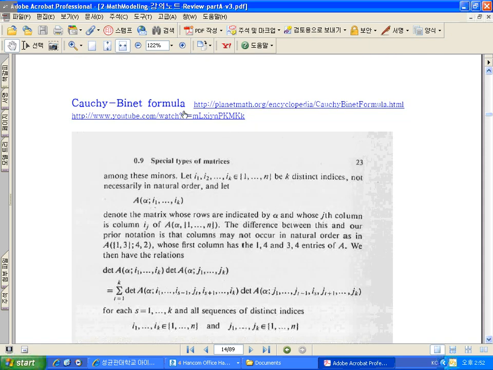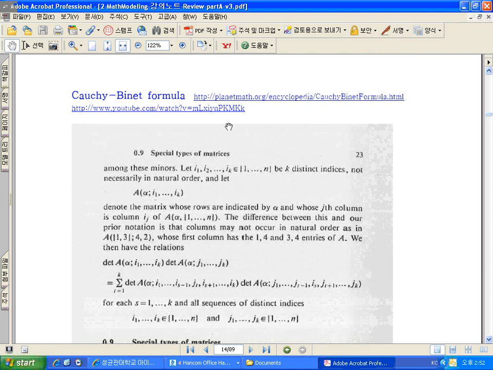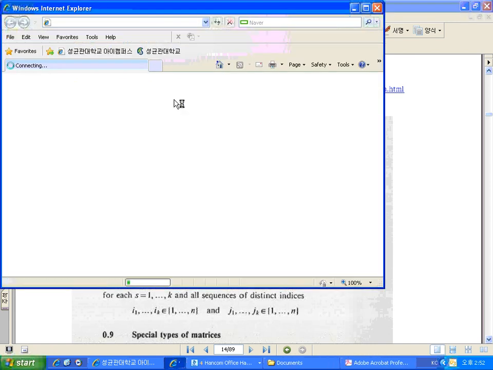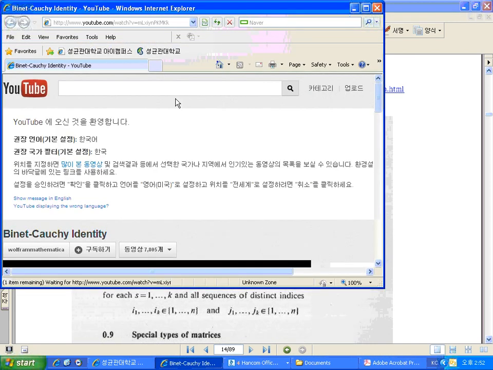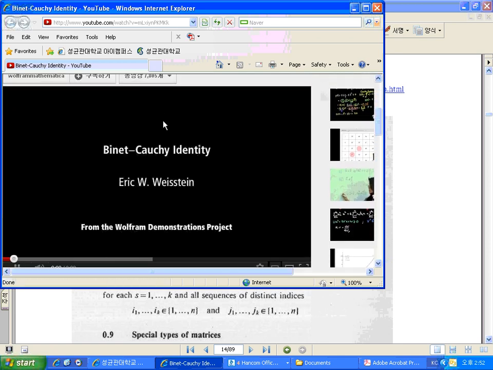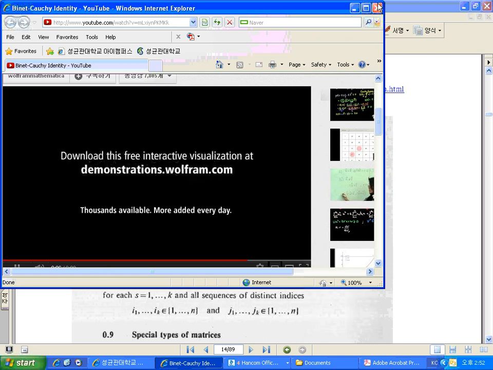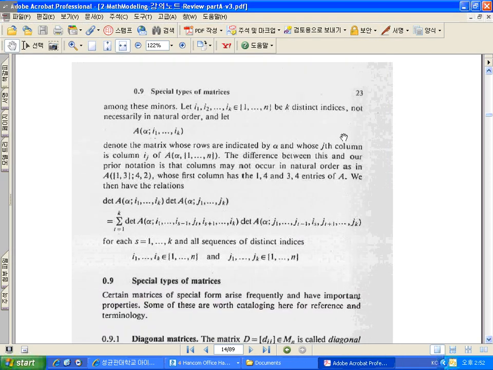The rigorous proof of the Cauchy-Binet theorem can be found on this website, and you can also watch some more information on YouTube and others. Okay? So you may refer to it.